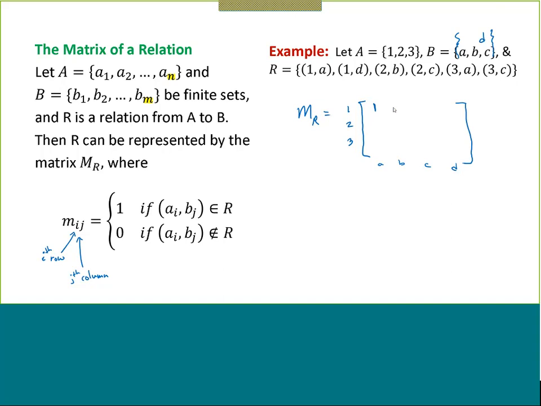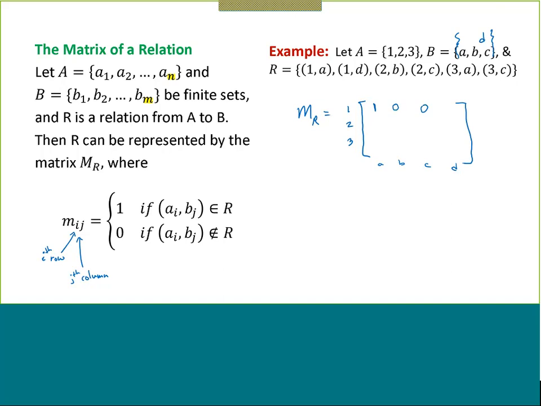So this one would be a no. There is no visible 1B ordered pair in that relation, so we'll put a 0 for no. Now, next one over is 1C. Do we have a 1C in this relation? Correct, also a no, so we'll put another 0 for no.